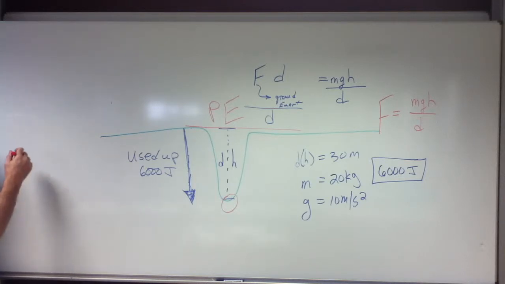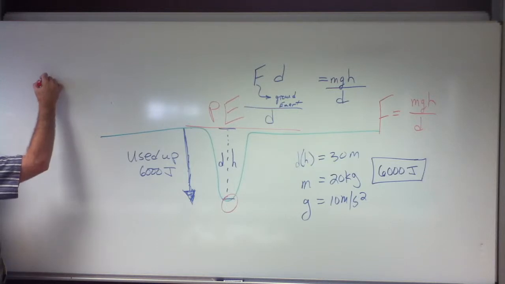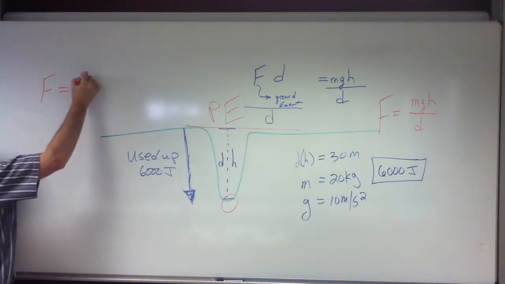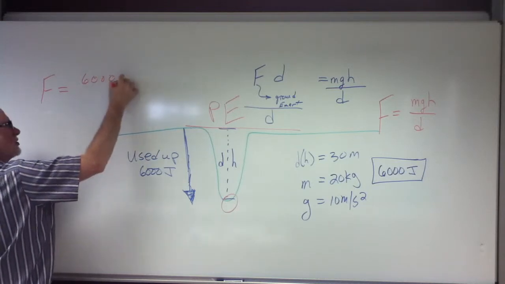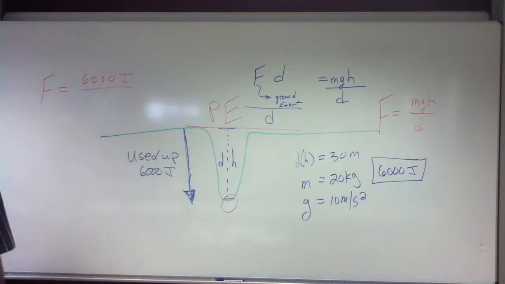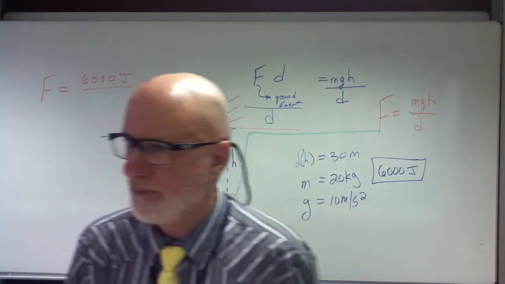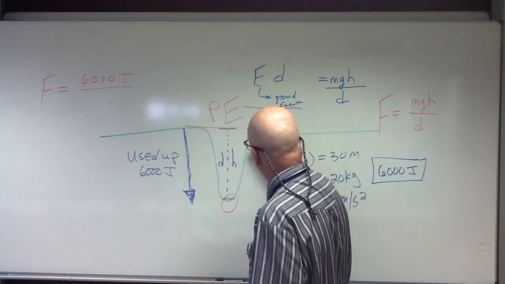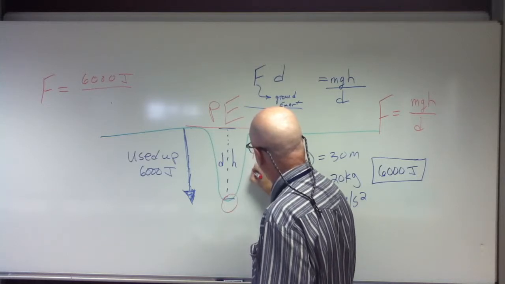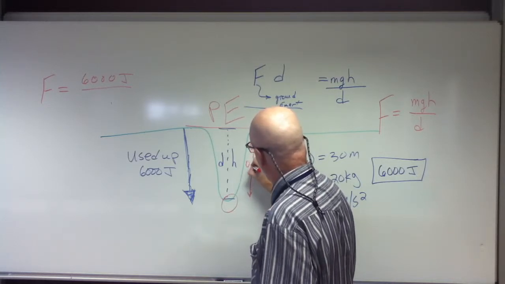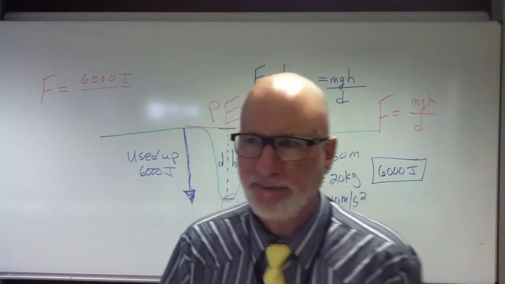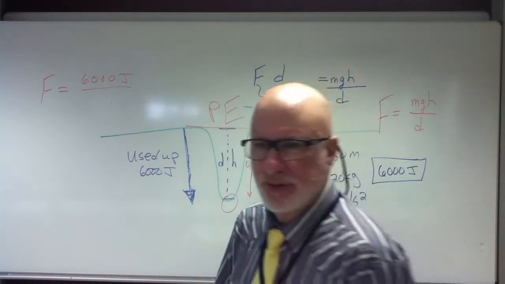Muy bien, okay! So you say force equals 6,000 joules over the distance, which is what? 0.42. This distance here is 0.42 meters. Would you say that's correct? Yes. Is that what the problem gives? Yes.